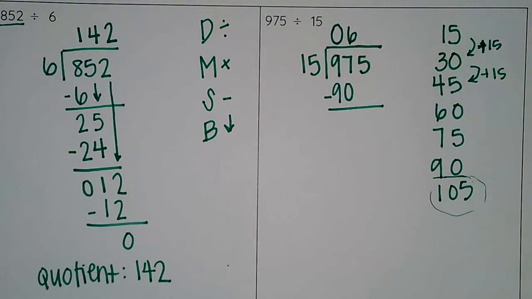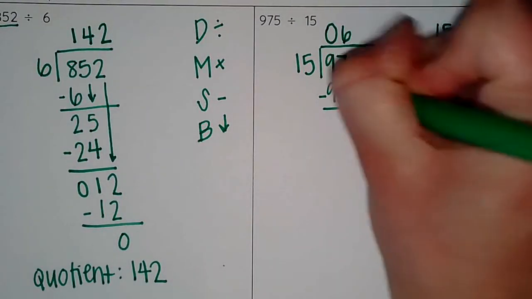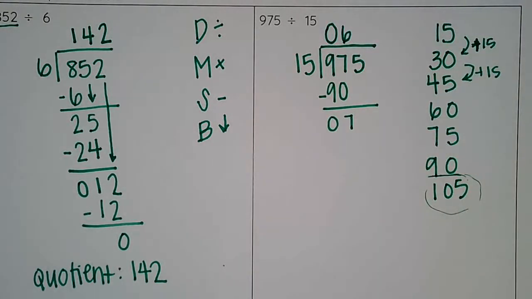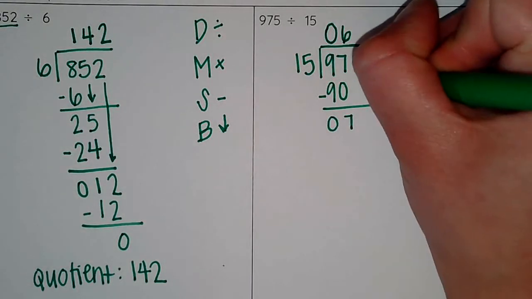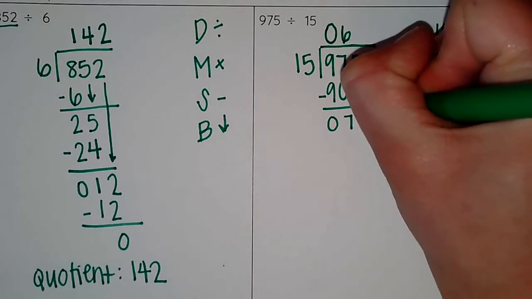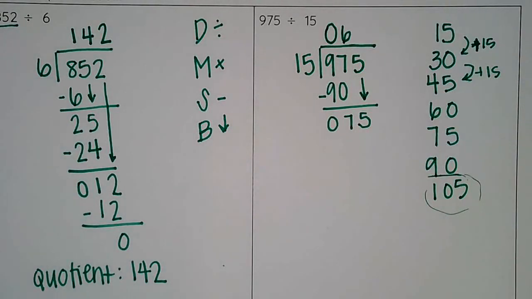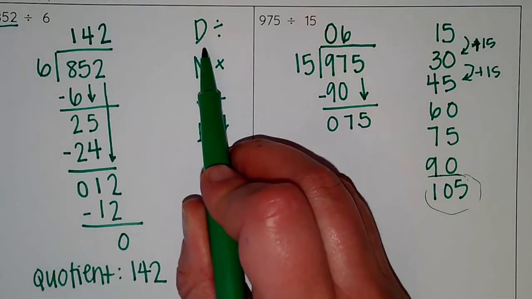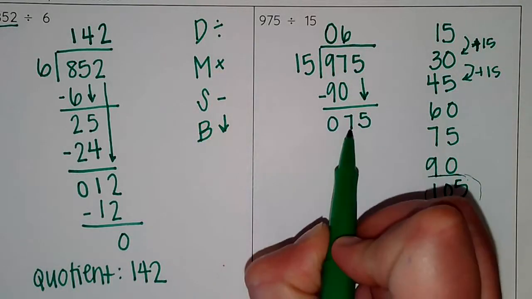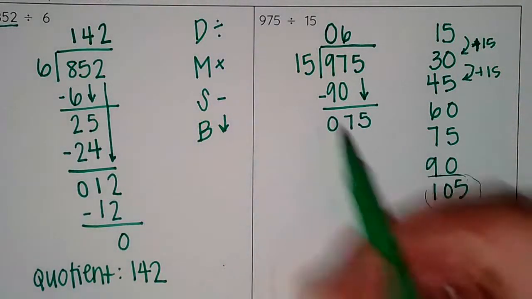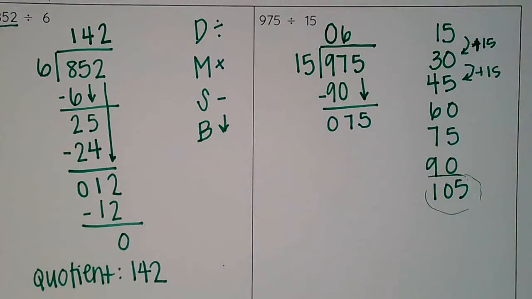I did my multiplication. Now I subtract. 7 minus 0 is 7, and 9 minus 9 is 0. All right. Step 4 is to bring down. And now I go back to the top. How many times does 15 go into 75? Again, it has to be exactly 75 or less than 75.